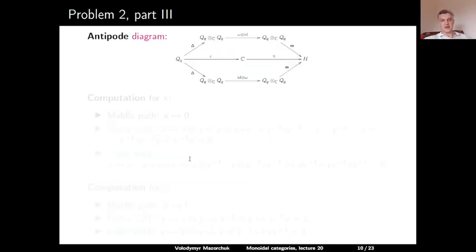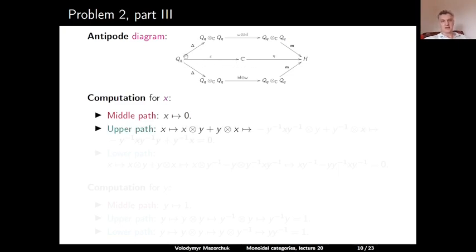So this is the antipode diagram in our case. And again, let us check it for the generators. For x, the middle path is 0 because epsilon sends x to 0. So the middle path is 0. Let's do the upper path. The comultiplication sends x to x tensor y plus y tensor x.